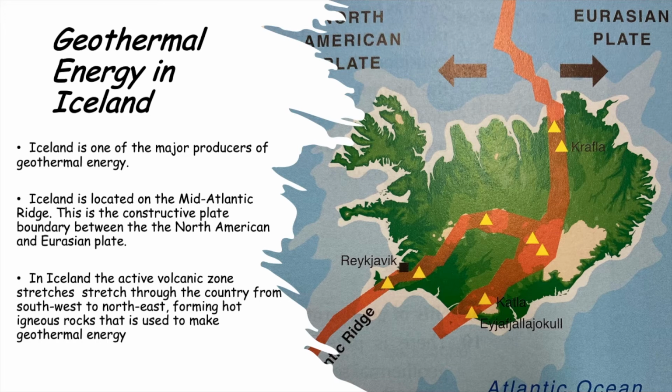So something along those lines. Have as many key points present as possible, and if you don't have all those key points, make sure you add them in. We need to have mid-Atlantic ridge, North American plate, Eurasian plate, constructive plate boundary and volcanic activity. Preferably also that the volcanic zone in Iceland stretches from the southwest to northeast.